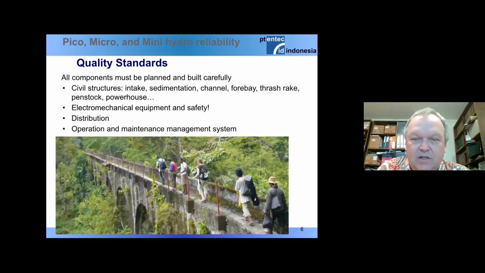Distribution like transformers and network should also be done very carefully. If it's low voltage, it's maybe different than medium voltage, so you have to make people aware of the danger of your distribution net as well. An operation and maintenance system should also be involved. So quality is not only the turbine or the generator or the ELC, it's a combination of all the elements of a hydropower plant.